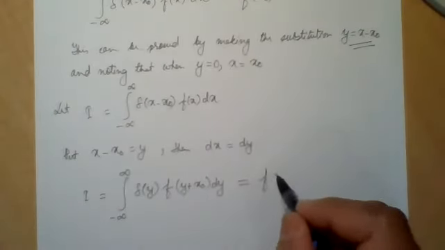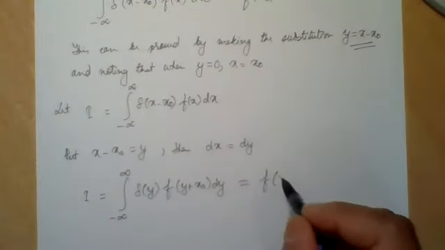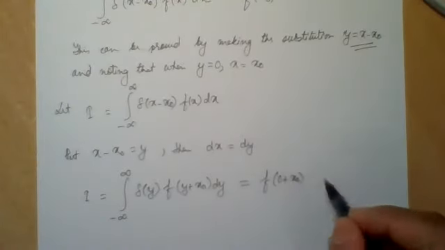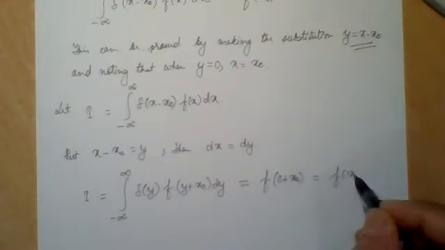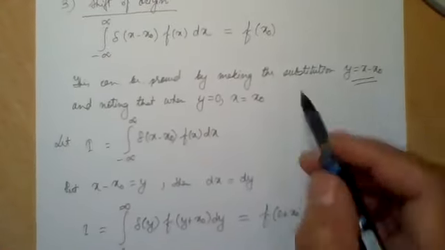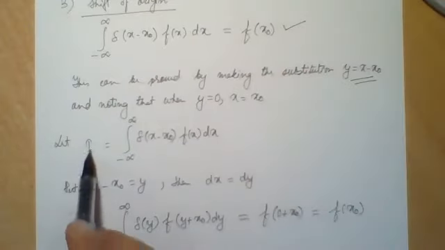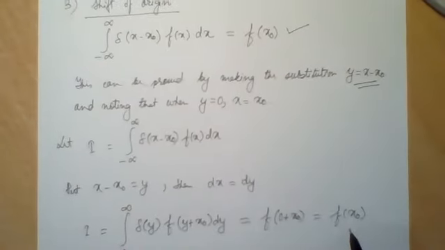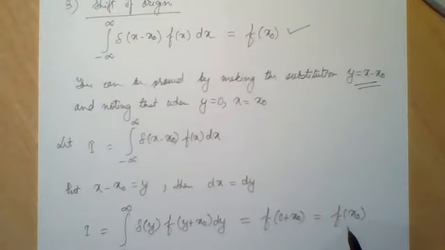So this would be equal to f of, instead of y, you put 0, 0 plus x naught. This is nothing but f of x naught. Fine. So we have proved this: I is equal to f of x naught. This is well and good.